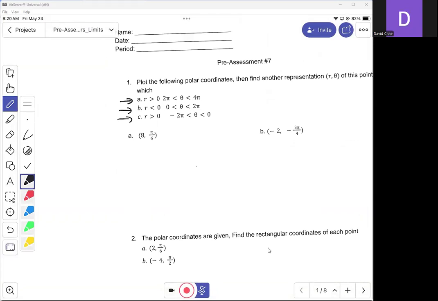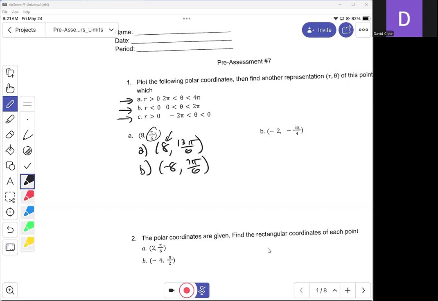So letter A is 8 comma 13 pi over 6, because I just added 2 pi to the pi over 6. The 8 is already greater than 0. Letter B is negative 8 comma 7 pi over 6.